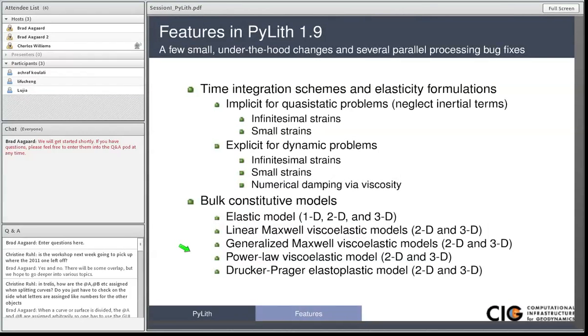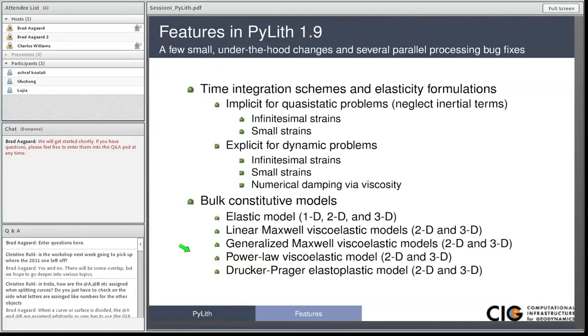The features in our current version of PyLith. This past week we released PyLith version 1.9. It's primarily a bug fix version, and we've updated a few things under the hood that require changes if people were creating their own extensions, so that's why we incremented the version number to 1.9 from 1.8.